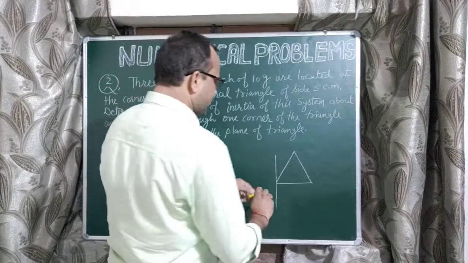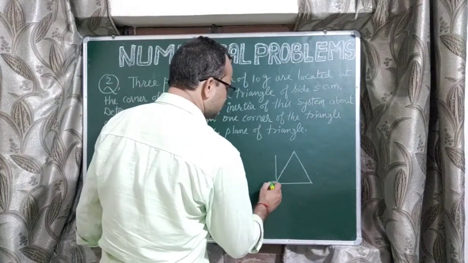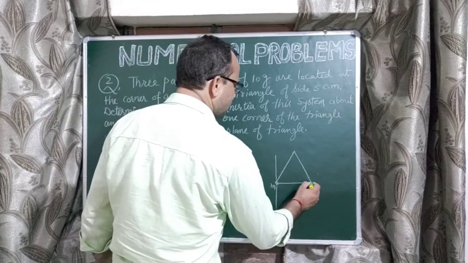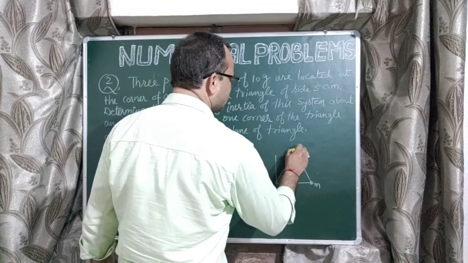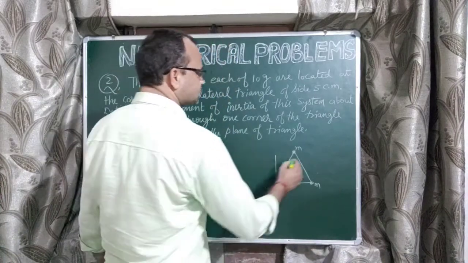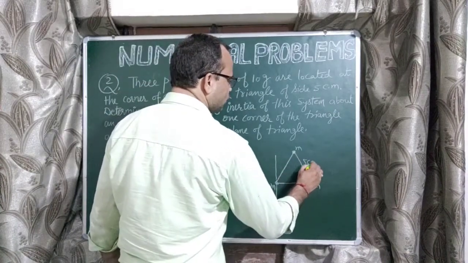And we have to find the moment of inertia of the system. Each particle of mass m is placed at a corner of an equilateral triangle, and each side is 5 centimeter.